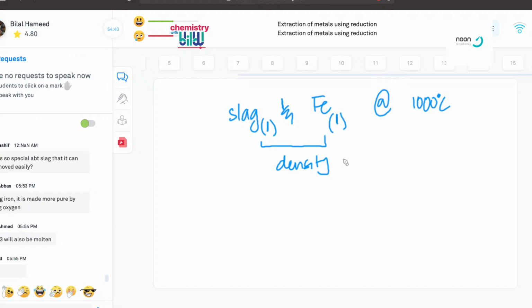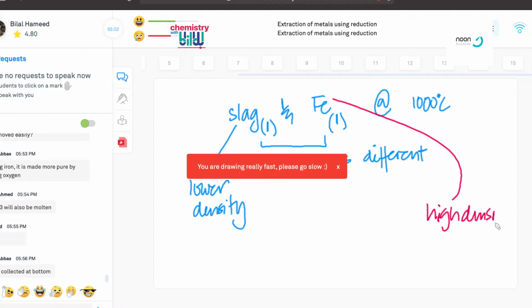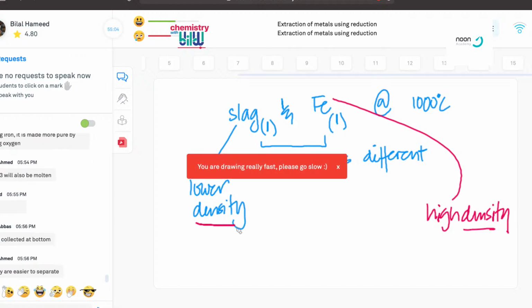Density is different. So when the density is different, what can happen? They'll separate. And this is lower density. And why? By default, always remember that transition metals have very high density. Always remember that.